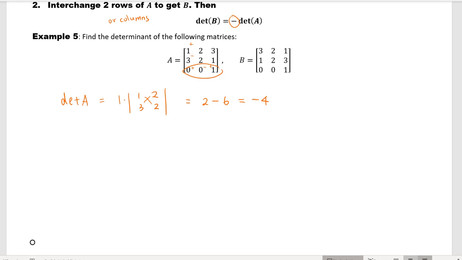And how about the determinant of B? We can also do the last row cofactor expansion, so this is also plus minus plus minus plus. So plus 1 times the determinant of the submatrix 3, 2, 1, 2. Cross multiply. 3 times 2 is 6, minus 1 times 2 is 2, which is 4. Do you see? They are negatives of each other.